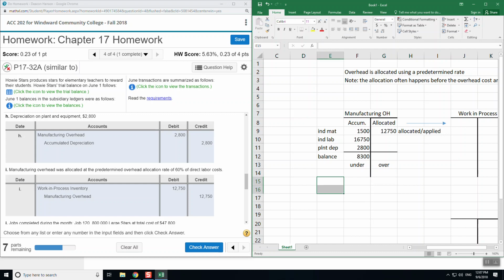But logically that should make sense, right? Because if we're crediting the account to allocate the overhead, and if we didn't credit enough, then we didn't allocate enough, right? So our situation shows me that we're short in our allocation by 8,300. Ideally you would hit zero, but you're probably never going to hit zero because why?